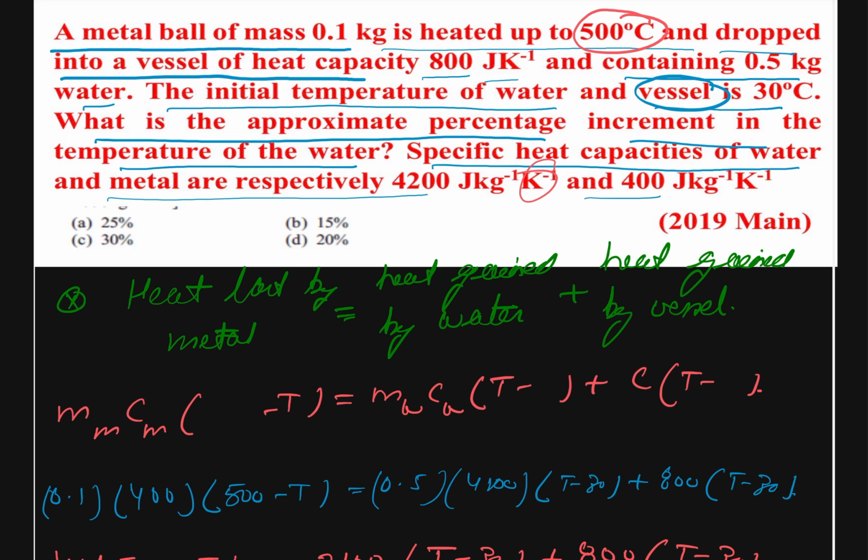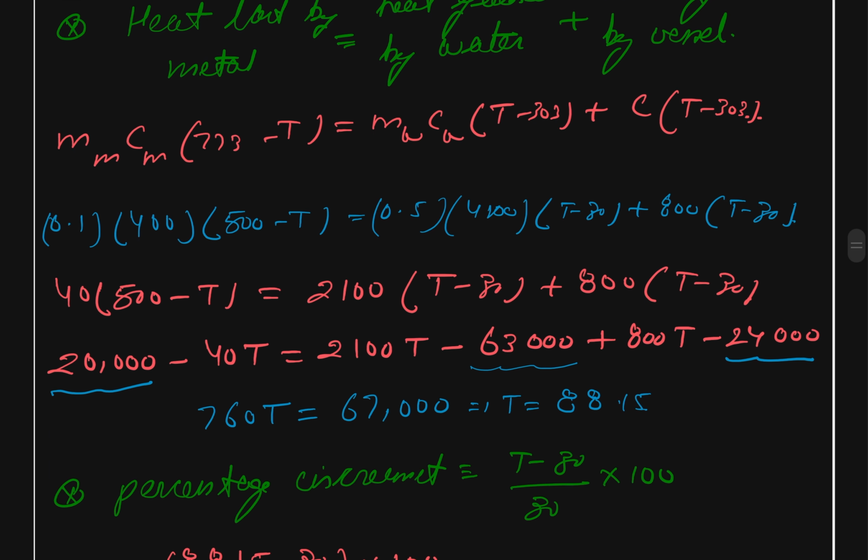So we have 500 plus 273, which will be 773, and 273 plus 30 is 303. Entire calculation again.